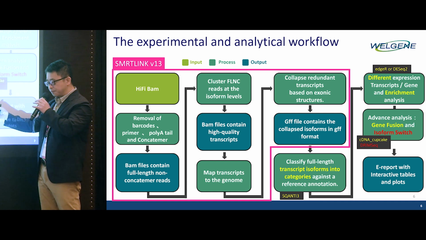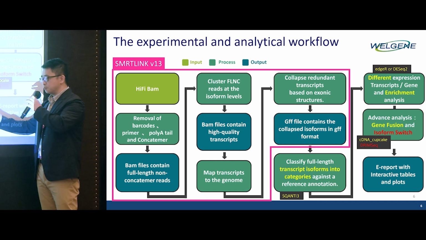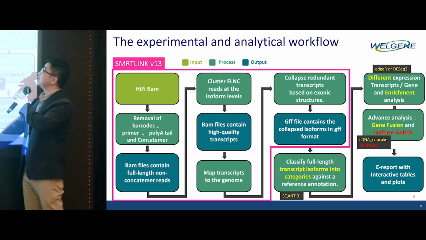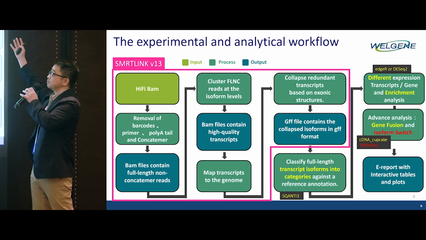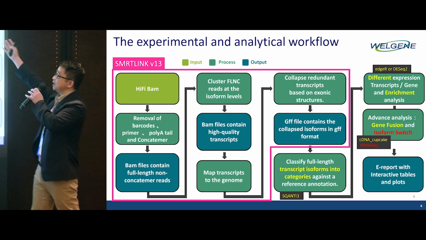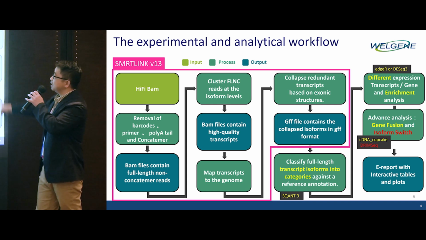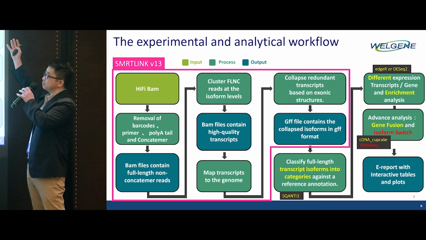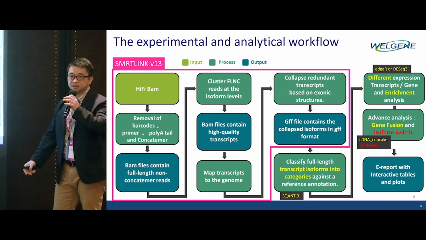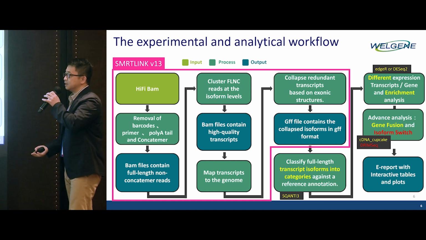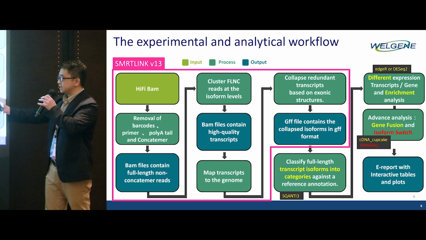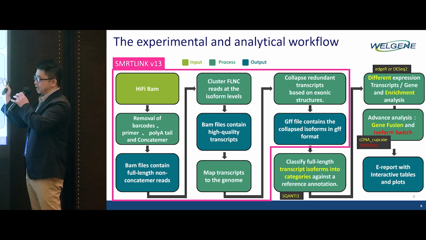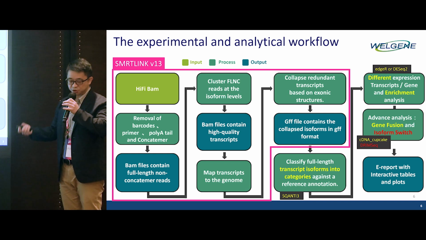Then isoform classification is processed by SQANTI3, and the differential expression test is done by edgeR and DESeq, and the enrichment analysis is processed based on known databases. Advanced analyses such as gene fusion and isoform switch are processed by cDNA Cupcake and DRIMSeq. Then the e-report is generated.